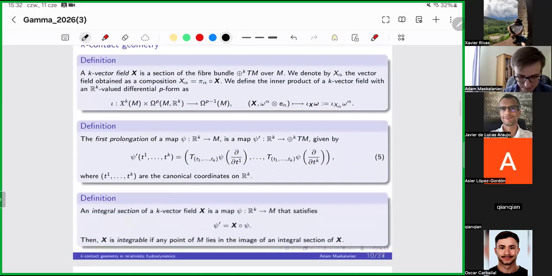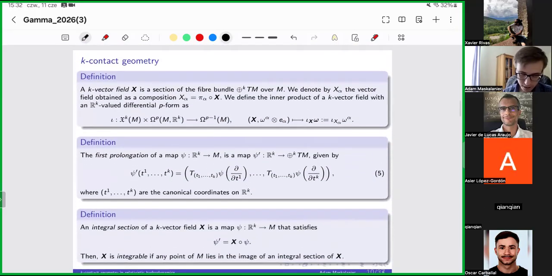And using that, I'm going to define K-vector fields and formulate the so-called K-contact Hamilton-De Donder-Weyl equations for K-contact geometry that will serve me as an analog of Hamiltonian equations for contact or symplectic geometry.